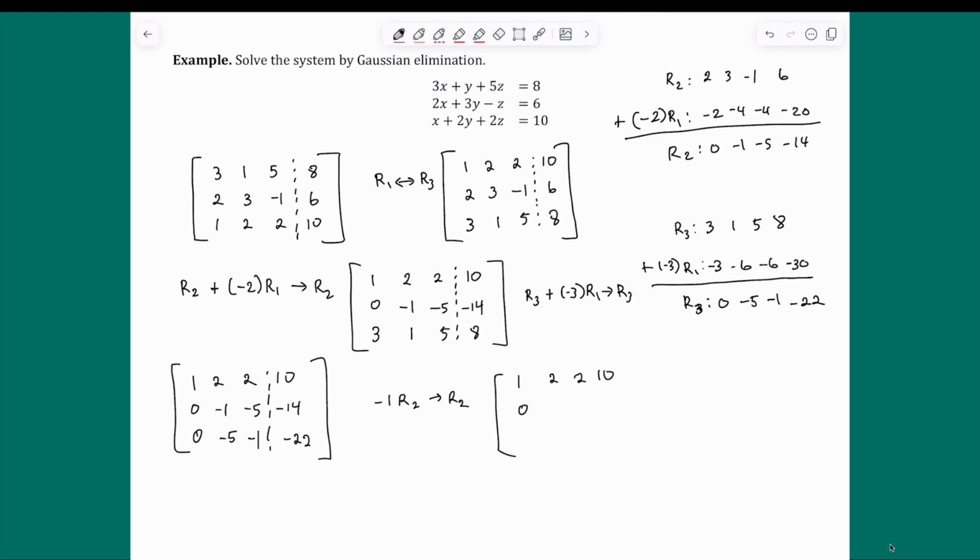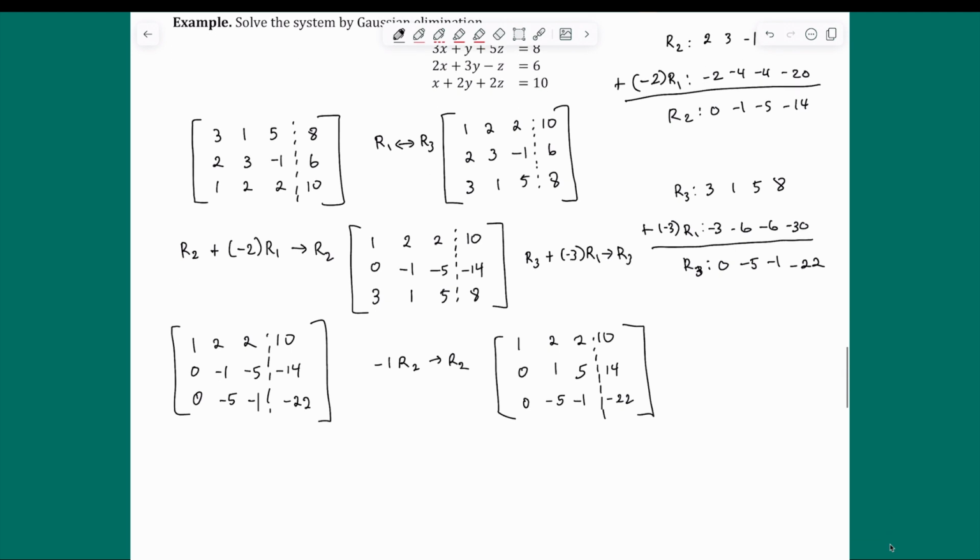Second row becomes 0 times negative 1, which is 0. Negative 1 times 1 is 1, which is what we wanted. Negative 1 times a negative 5 is a positive 5, and then negative 1 times a negative 14 is a positive 14. And then the third row stays the same. So we have 0, negative 5, negative 1, and negative 22, and then that's going on the other side of the equal sign.